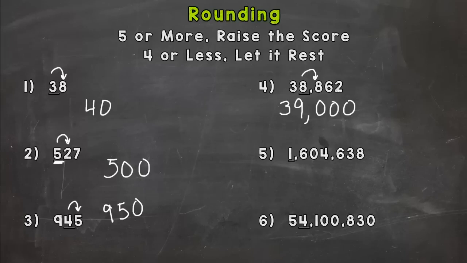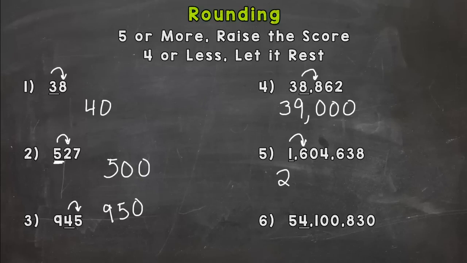Let's take a look at number 5 here. We have a 1 underlined. And that 1 is in the millions place. So we are going to take a look next door to see if this number rounds up to 2 million or will round to 1 million. So that's a 5 or more there, so we need to raise the score. The 1 is going to round up to 2.